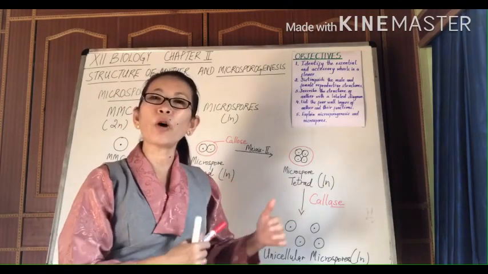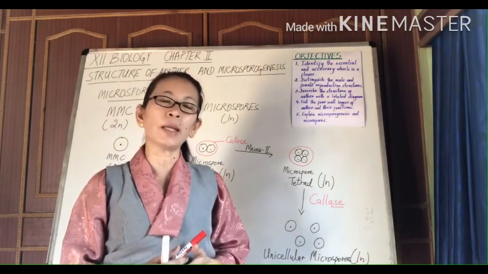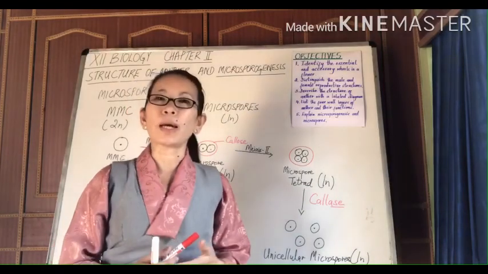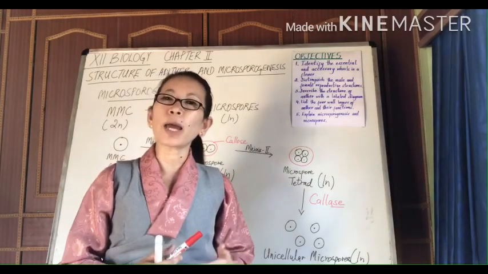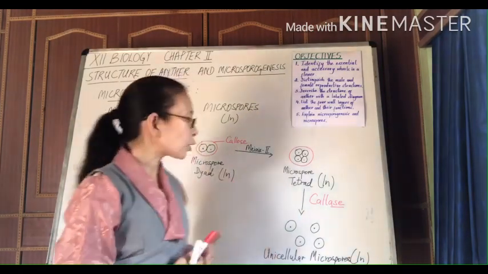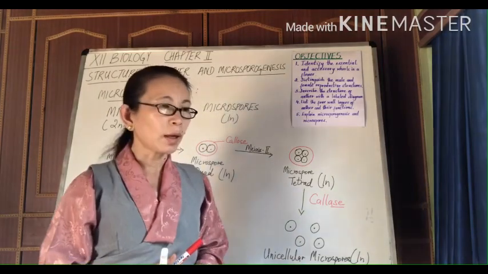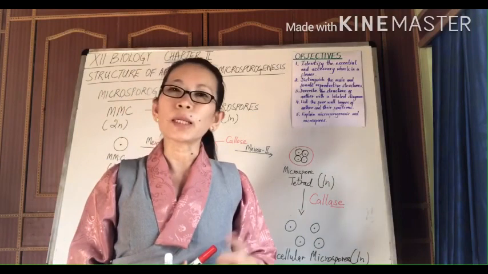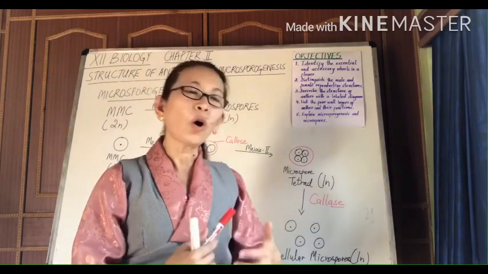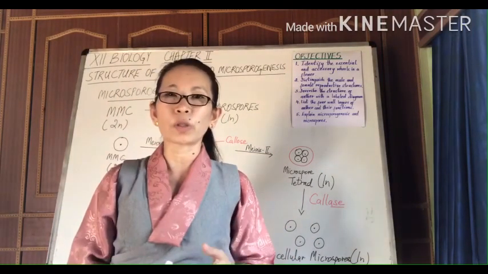And such a process is commonly seen in vascular plants, plants which have the xylem and phloem, right? So unicellular microspores are formed in some pteridophytes, and in all of the gymnosperms and angiosperms, right?